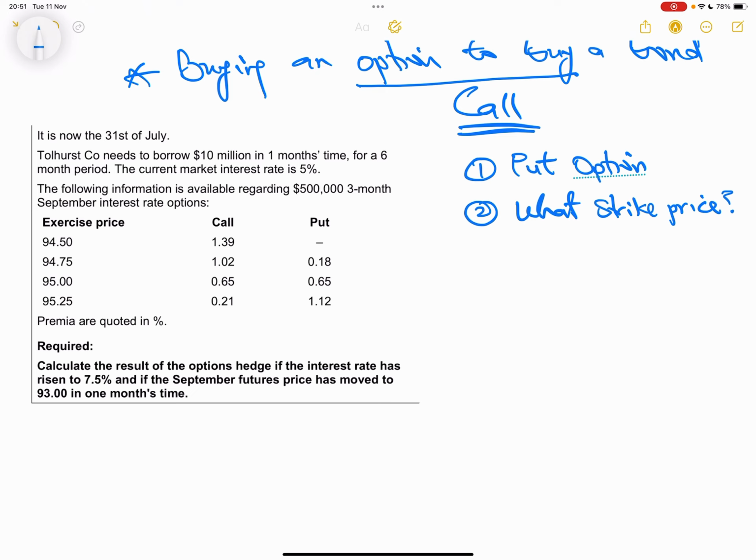But remember that the option we are talking about here is a put option. And a put option in this regard means that we are selling a bond, but we are not talking about the price of a bond here. Pay attention, like I said, so you don't get confused with the word sell. We are selling a bond, yes, but the risk that we are trying to manage is interest rate.